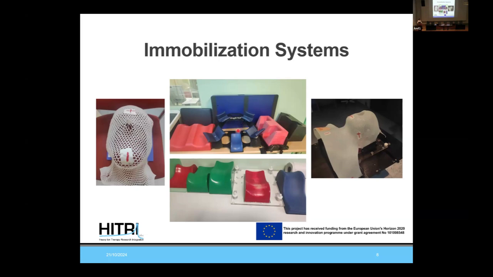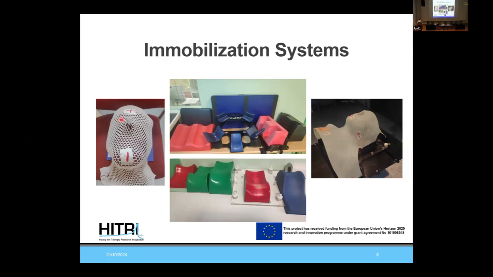So here's the wing step. It is commonly used for breast and lung patients. This is for the feet, for the knees. For the feet, we want to keep everything still. It's very, very important for the reproducibility of the radiation.